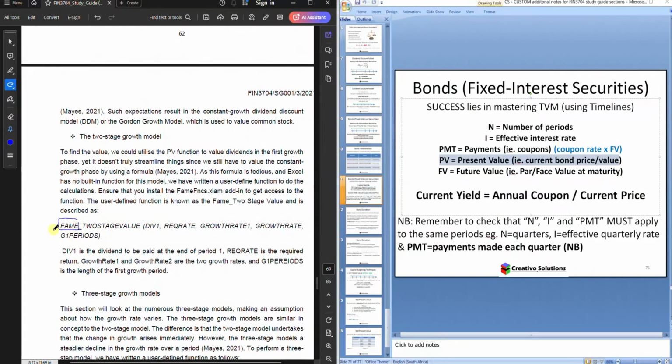Okay, because yeah, they're inbuilt functions, and I can see that they're using, like, dividend 1 is the next dividend. The required rate is your RR, your growth rate is your G, and then you've got the periods. Do you see that? So this is once 2-stage, so this is growth rate 1 and this is growth rate 2, and then this is your period, so N. Okay.